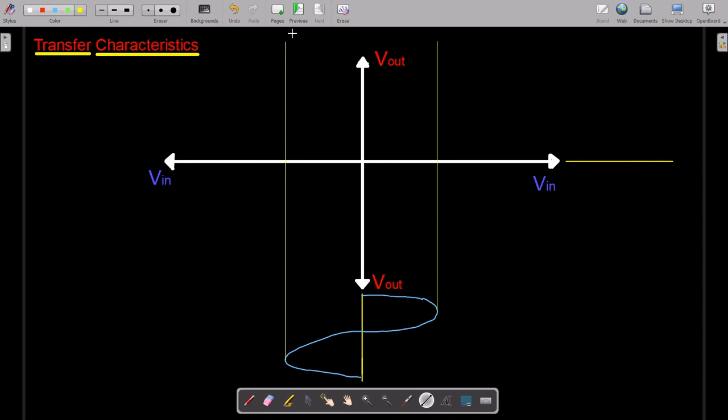Okay, so these two particular points which you are seeing over here, they are indicating that to the input side we are giving the waveform of plus 5 volts. So this is plus 5 volts and this is minus 5 volts.